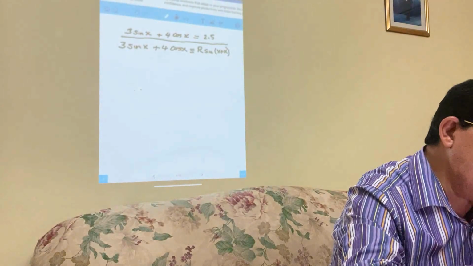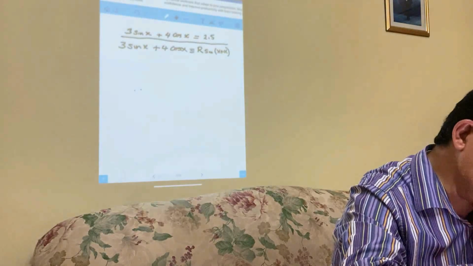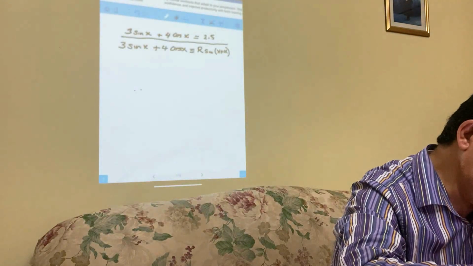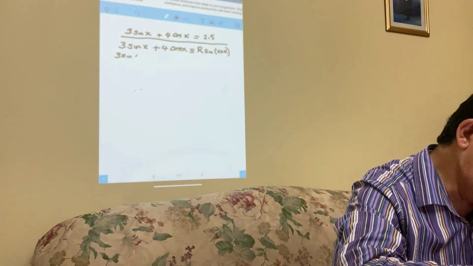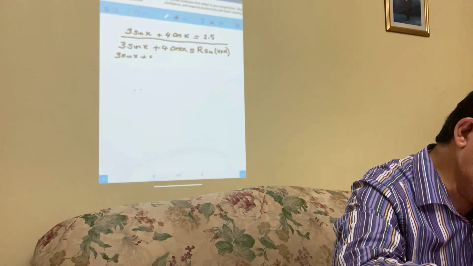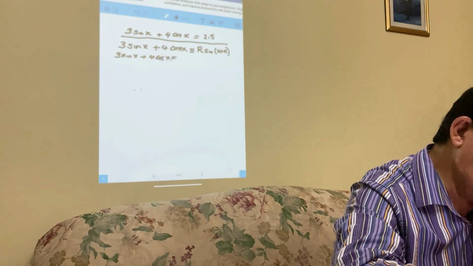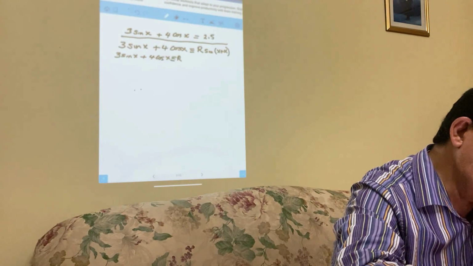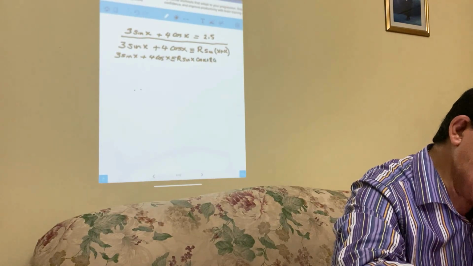This can be expressed like this. Why? Because we can say 3 sine x plus 4 cosine x is identical to r sine x cosine alpha plus r cosine x sine alpha.